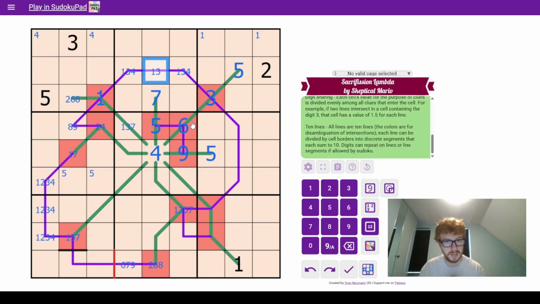Okay. I'm unsure. This minimum, wait, that is something, right? If this is a whole 10 line, then the minimum it can be is 2, 3, 6, which is 11. That doesn't work. So we need to divide this up. This cannot be 3 cells because its minimum is 2, 3.